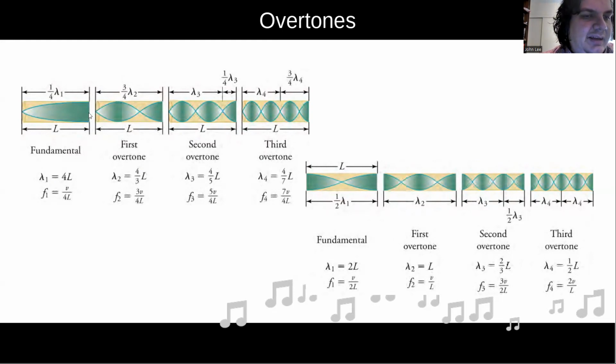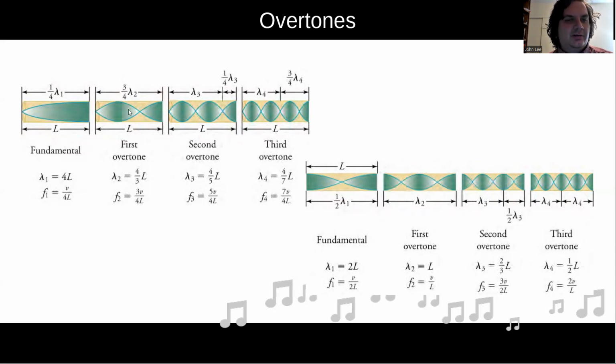So if that's true, then there's only a certain amount of wavelengths that are allowed. The longest wavelength that's allowed is going to be the fundamental frequency. And then from there, you get overtones, which are other wavelengths that are allowed and are going to create resonance.